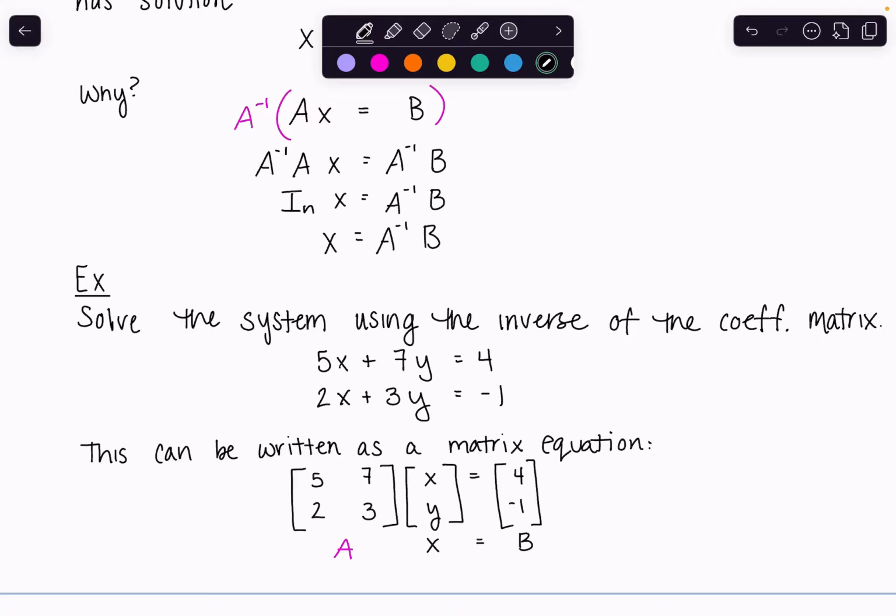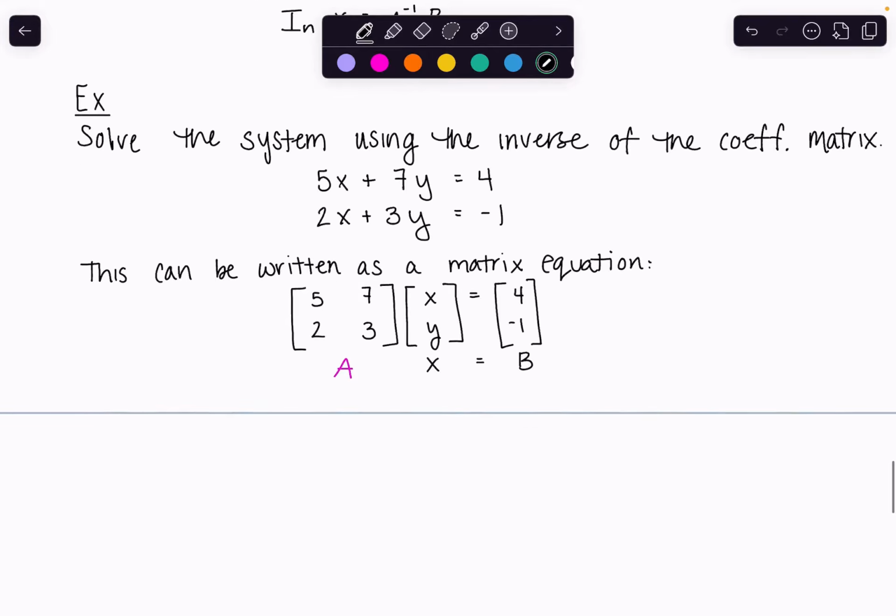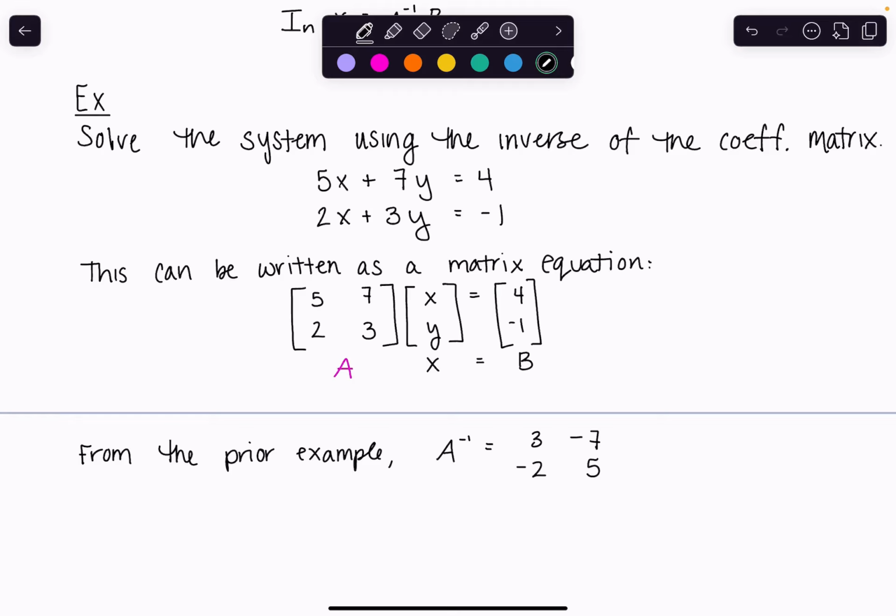Okay. So I already know what A inverse is, from the prior example. A inverse is the matrix 3, -7, -2, 5. Okay.